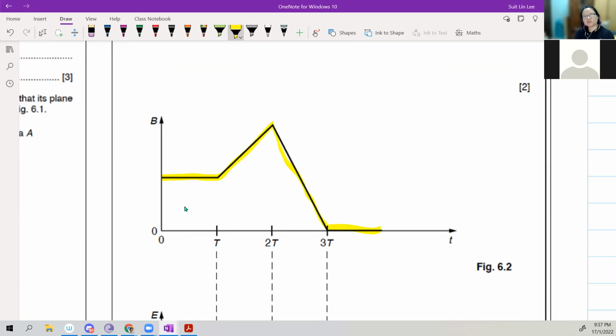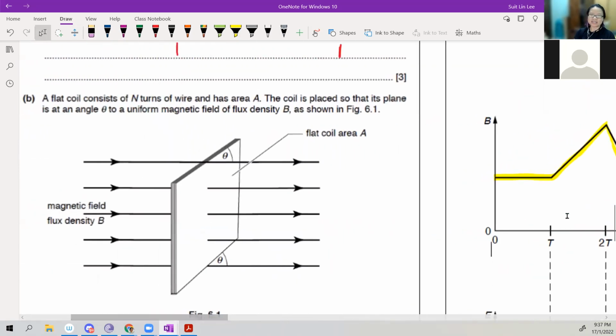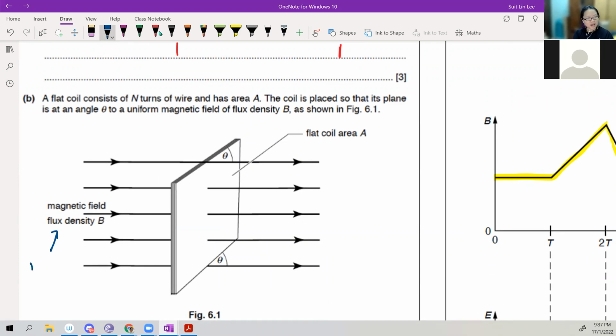All right. So let's think about the coil a bit. How did this magnetic field change? How did I increase this magnetic field, decrease this magnetic field, and then bring it to 0? I vary B by changing the current in an electromagnet.